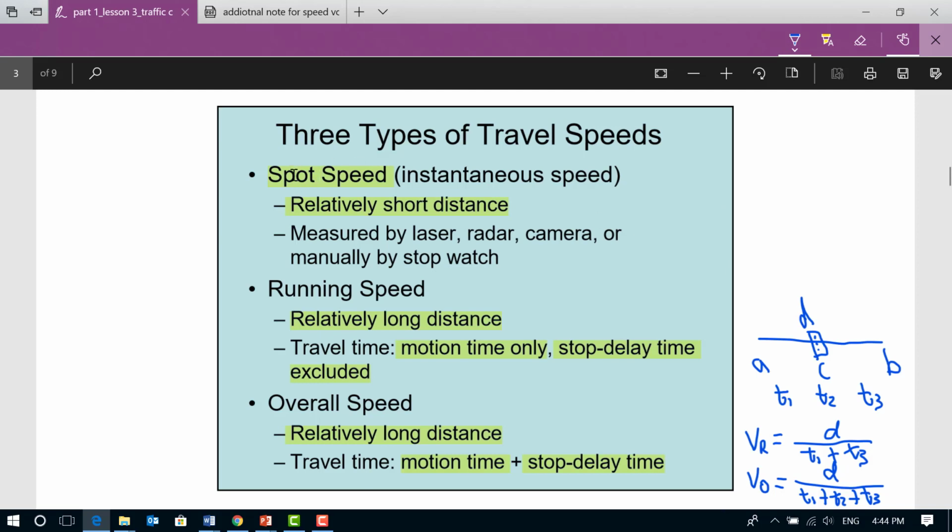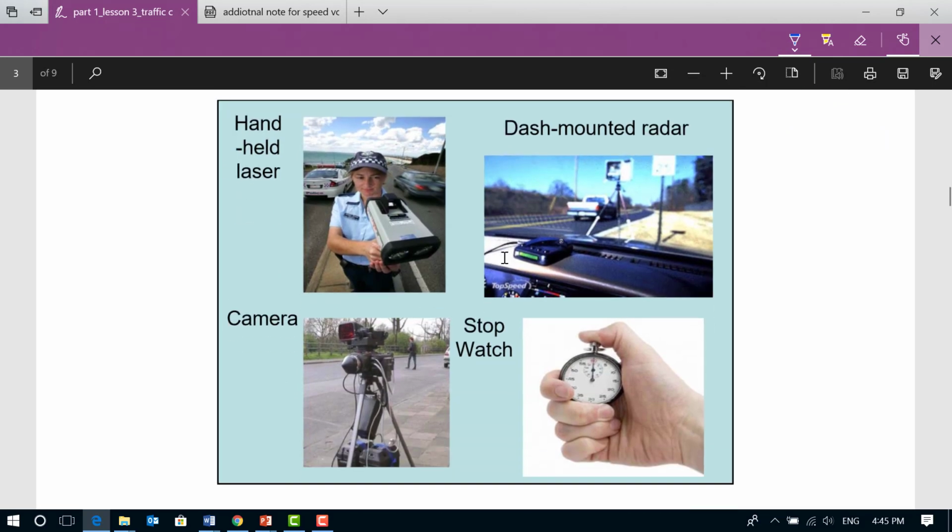Spot speed covers a relatively short distance, so usually we can measure the time by using a laser, a radar gun, a camera, or manually with a stopwatch. These slides demonstrate spot speed measuring devices: the radar, the handheld laser gun, the dash-mounted radar, and also the cameras and stopwatch.